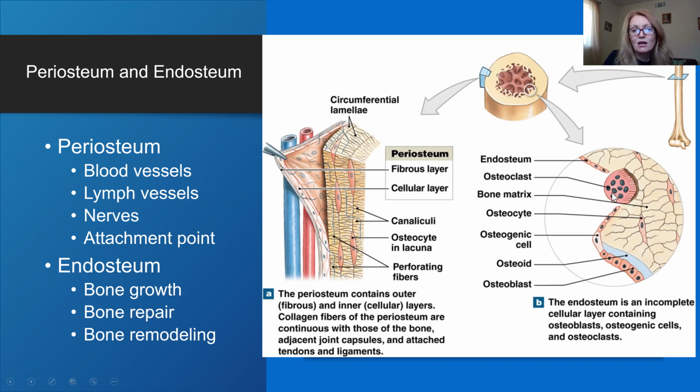This is a large multinucleated cell that dissolves your bones. You have osteoblasts, those cells that deposit your bone matrix, and osteogenic cells that can divide and differentiate into osteoblasts. So endosteum is for bone growth, bone repair, and bone remodeling.